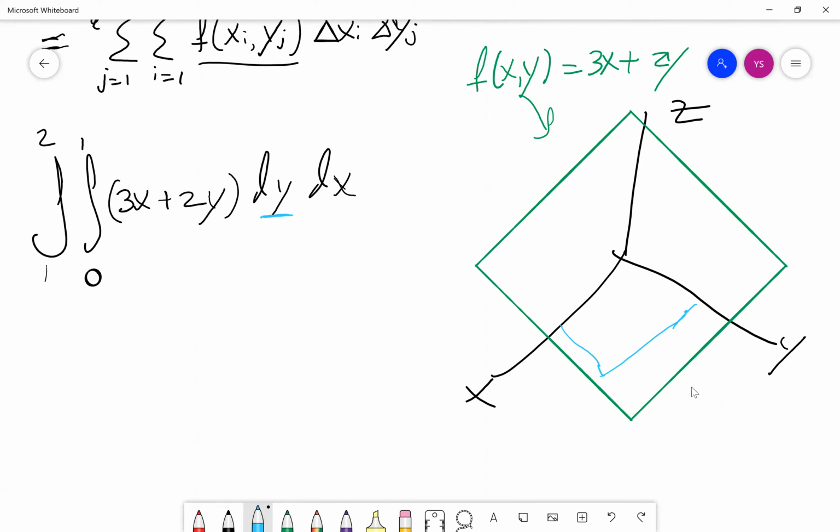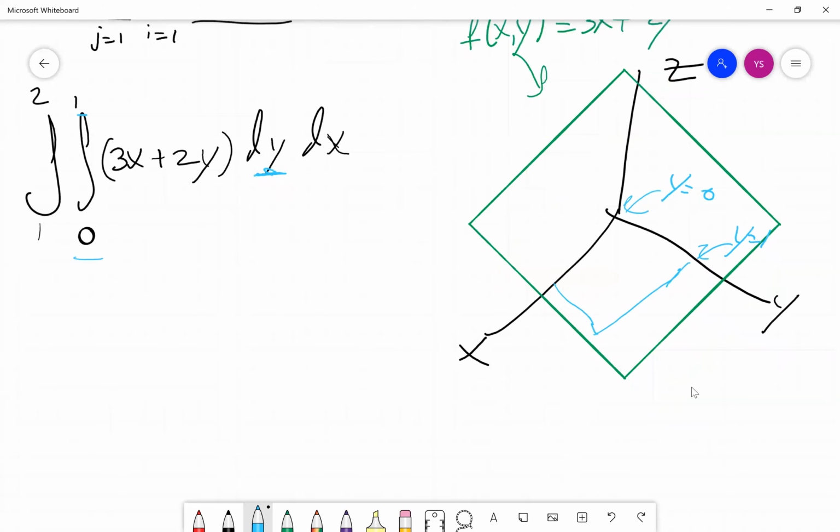And we're first integrating in the y direction. The dy comes first, so that's the direction that we're integrating in. And the y is going from 0 to 1. So your y is going from 0 over here, so y equal to 0, all the way to y equal to 1.